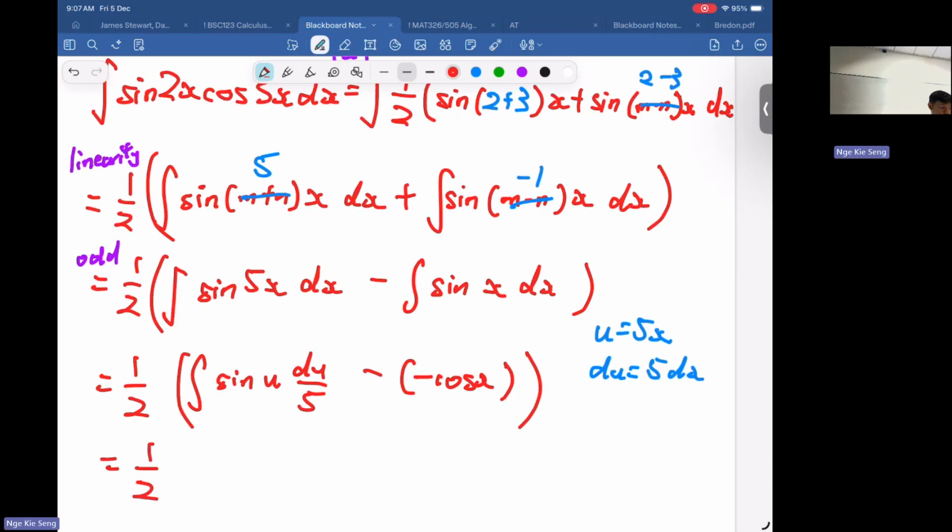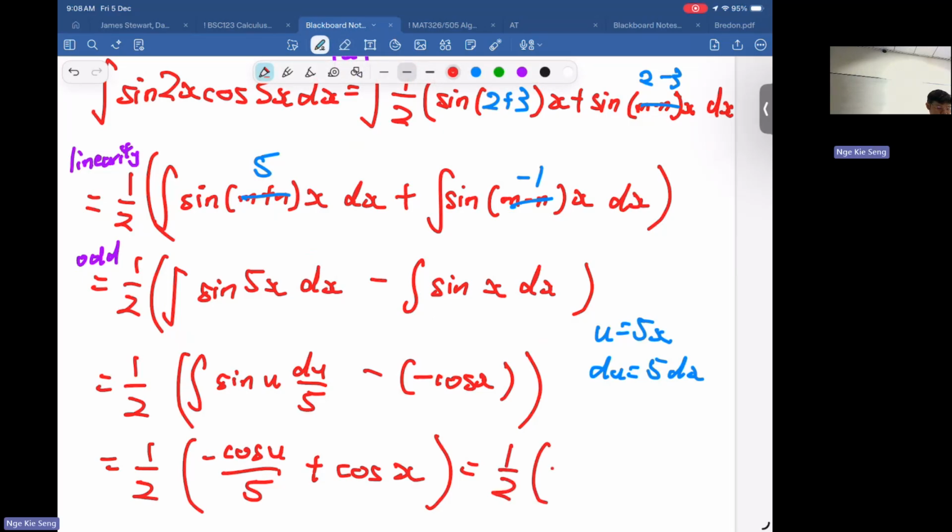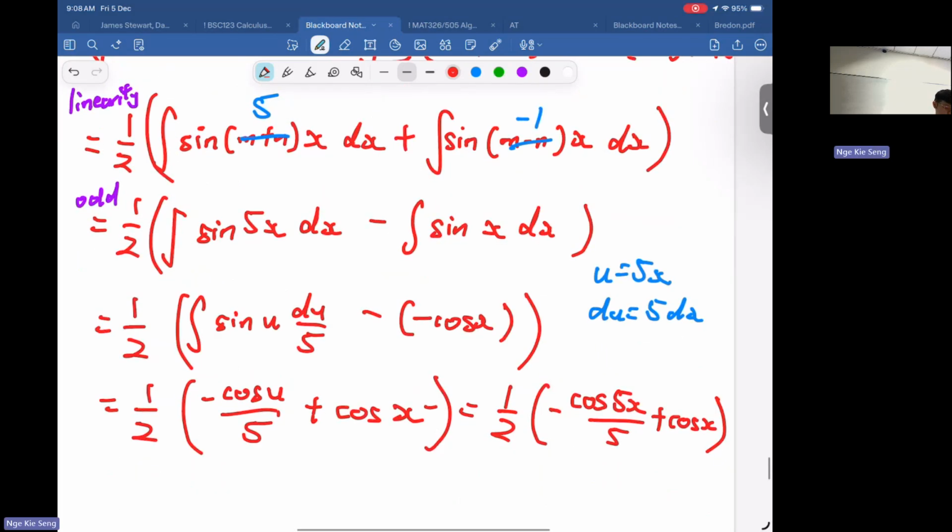So altogether we get negative cos u over 5 plus cos x, and then substitute back your u: negative cos 5x over 5 plus cos x, and then plus C. So there's a constant.